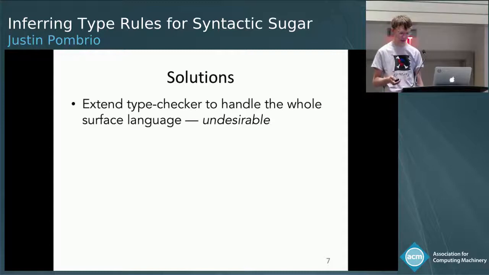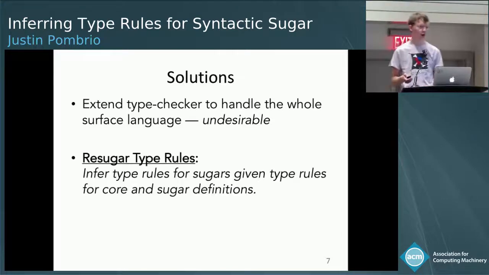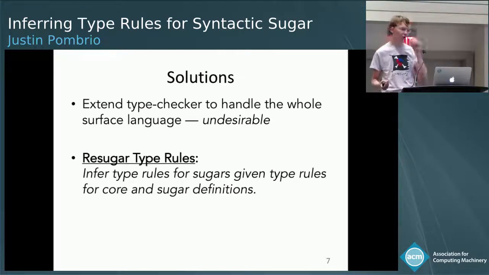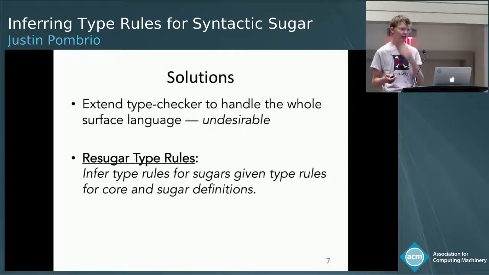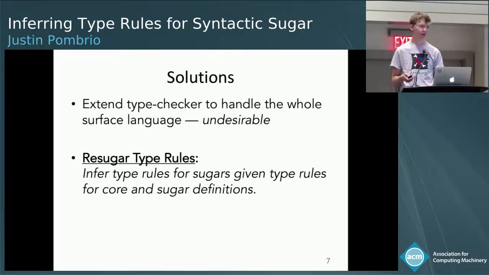So what I'm going to present instead is what I'll call resugaring type rules. And the idea is to automatically infer type rules for the sugars given type rules for the core language and definitions of the sugars. So let's see how this works with a very small example.